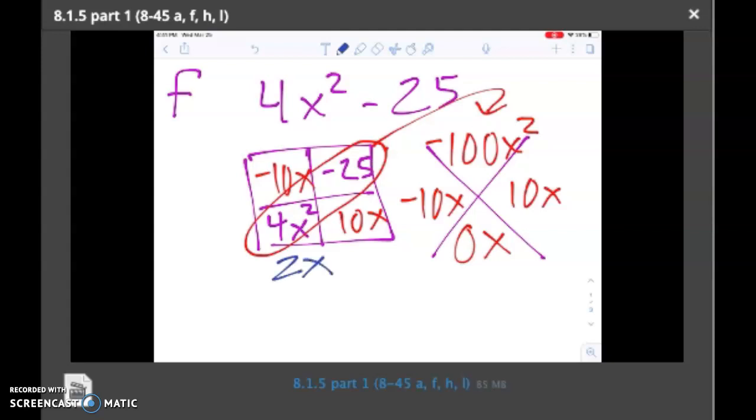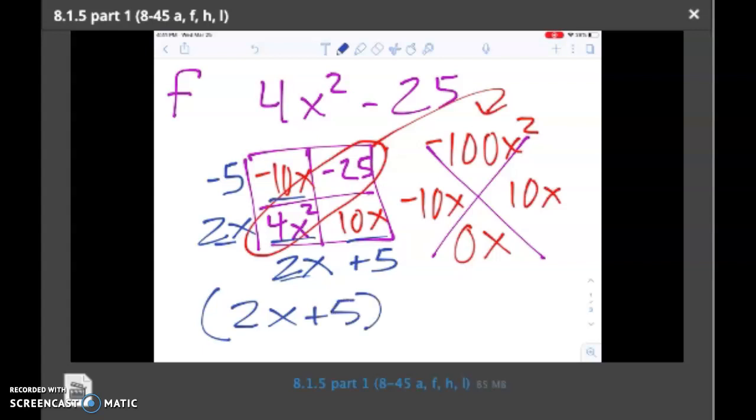So 2x times 2x gives me this 4x squared, 2x times positive 5 gives me these 10x's, and 2x times negative 5 gives me those negative 10x's. Taking a look at it, our area as a product is 2x plus 5 times 2x minus 5.